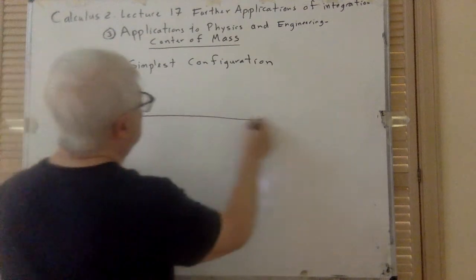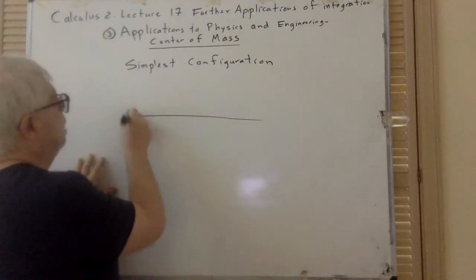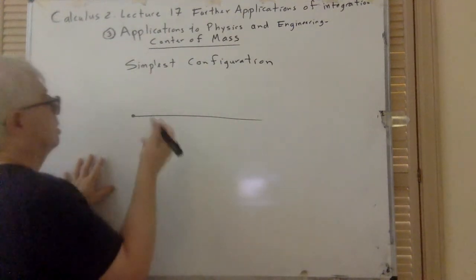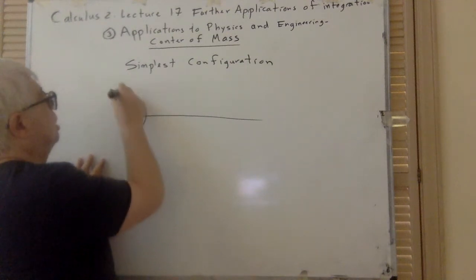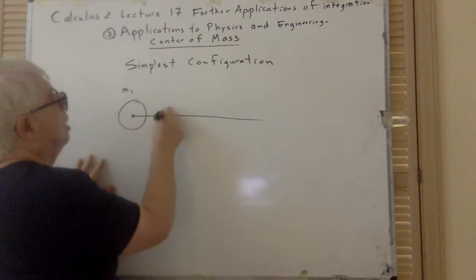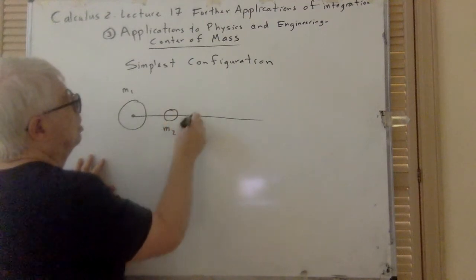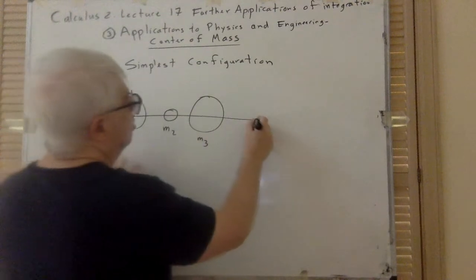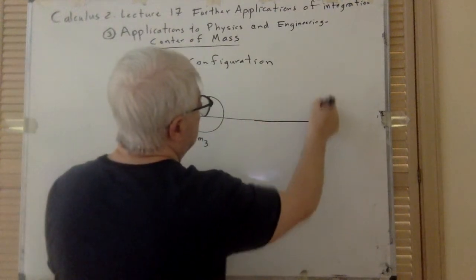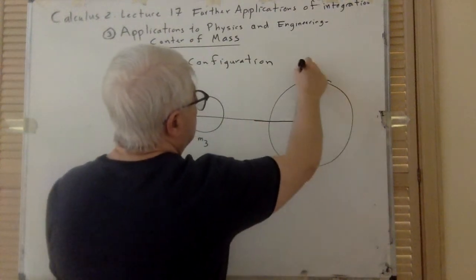So this is my massless rod, and I have some masses here, M1, M2, maybe M3, and maybe something down here, so big.